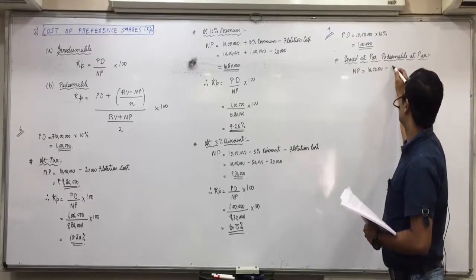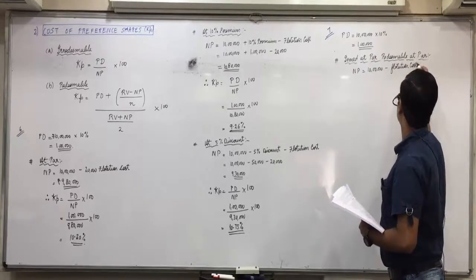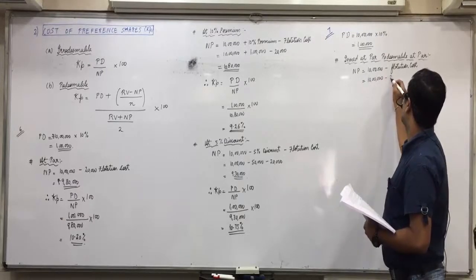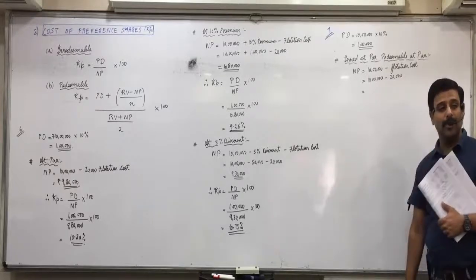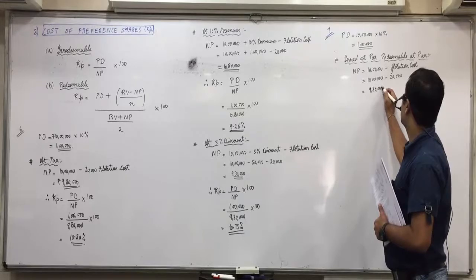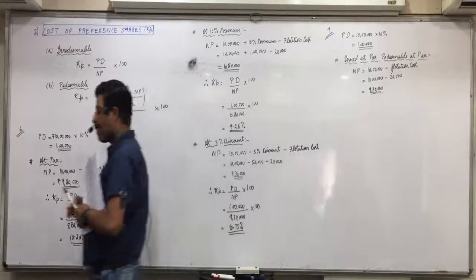But we have to minus flotation cost. So 10 lakhs minus 20,000, since 2 rupees per share means 10,000 into 2, 20,000. So what will be the net proceeds? 9,80,000. Any confusions in that?